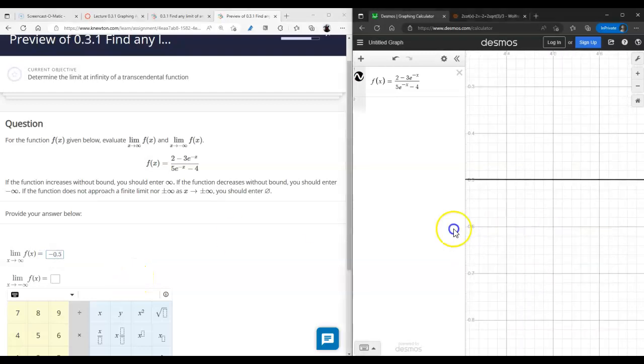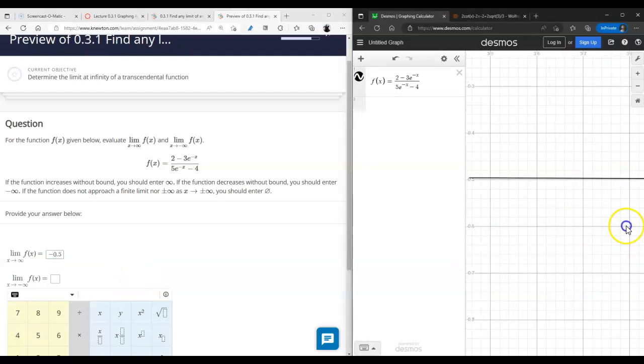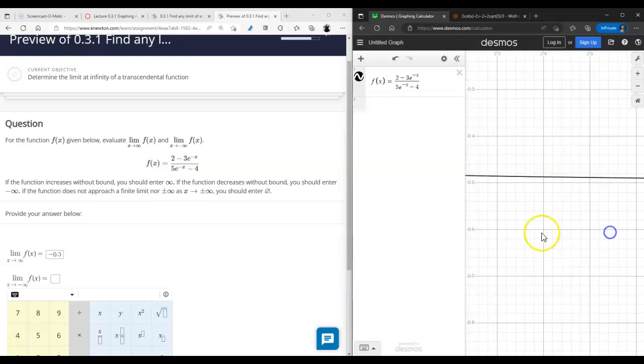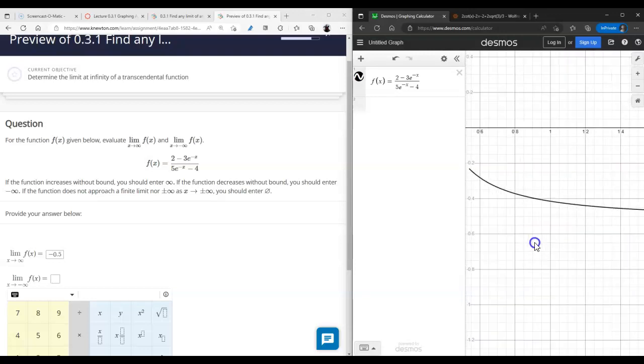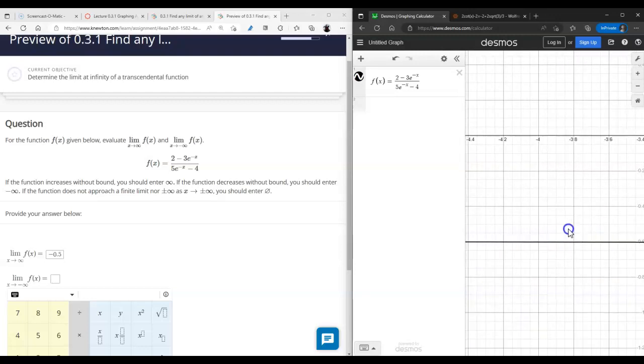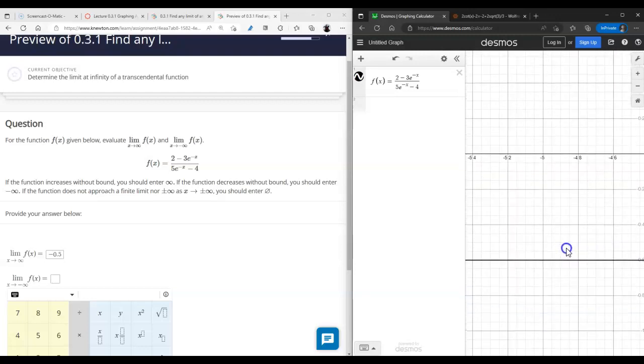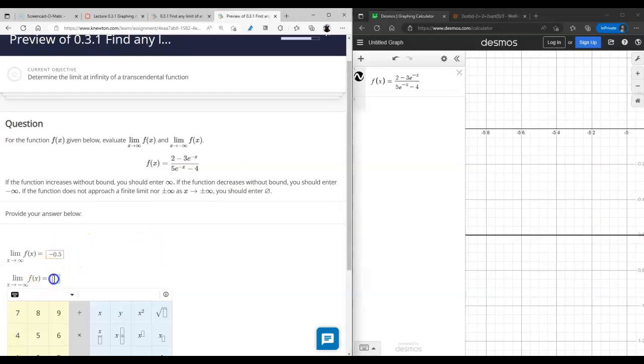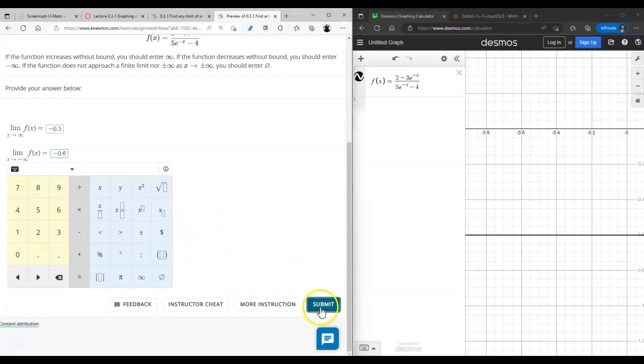Now, if we start zooming on the left side, let's see. We see that it approaches -0.6. So the left and right limits don't have to coincide.